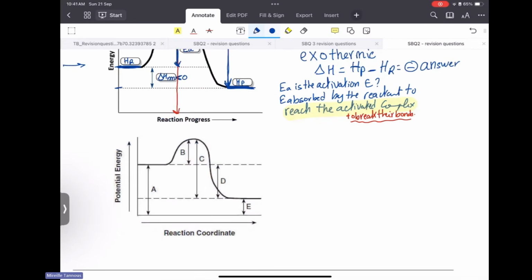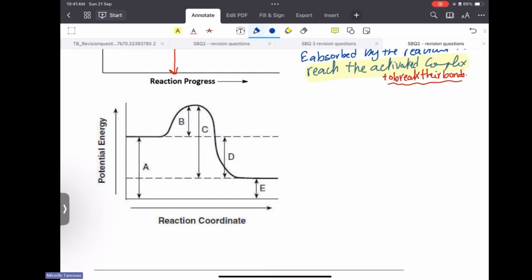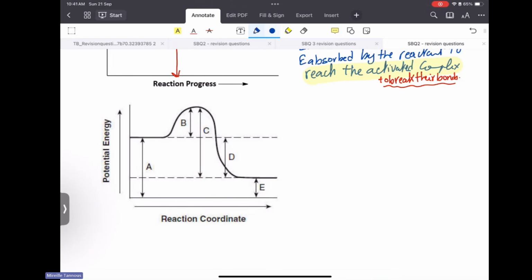Now let's move to a different question, a different diagram. So let's see over here. A is the enthalpy of reactants. E is the enthalpy of products.